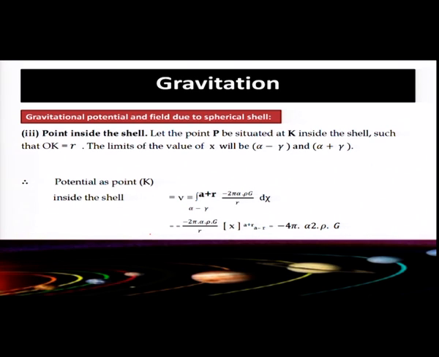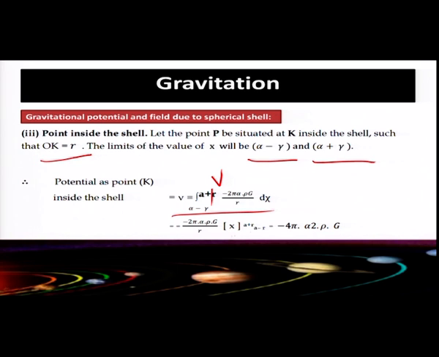And we will discuss the case of a point inside the shell. Let a point P be situated at K inside the shell such that OK is equal to r, and therefore the limits will range from alpha minus r to alpha plus r.